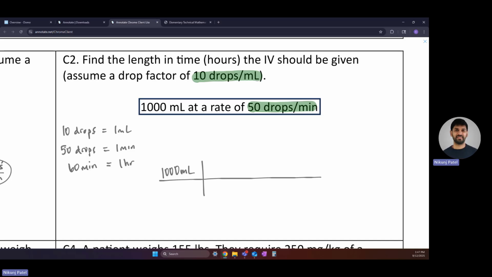So we just follow the process. We're going to take 1 milliliter here, and we're going to say that's 10 drops right above it. Then we're going to say, okay, 50 drops down here. Above it is going to go 1 minute.